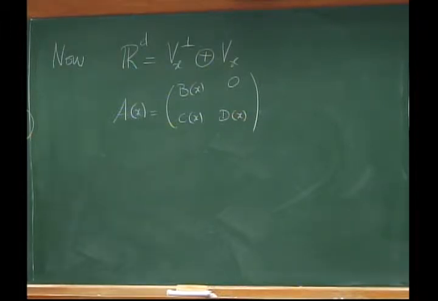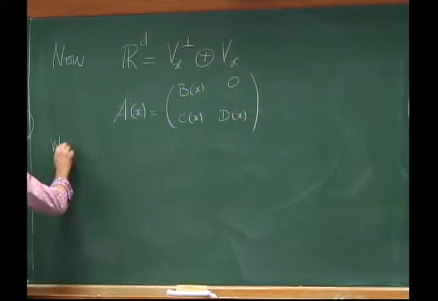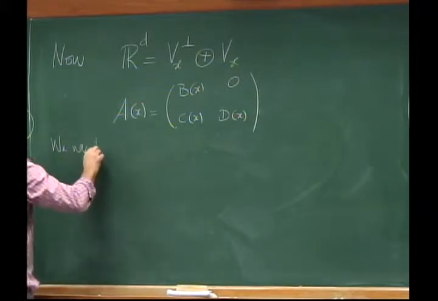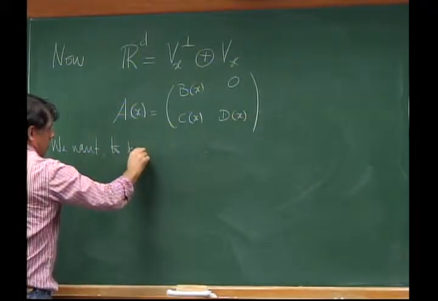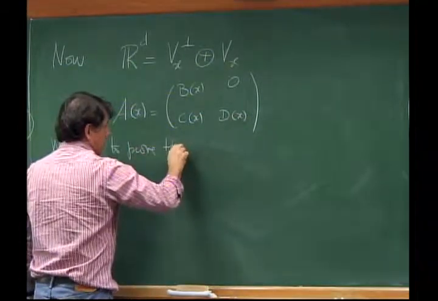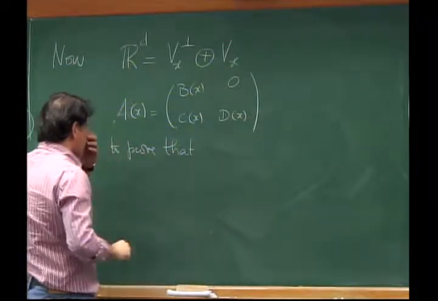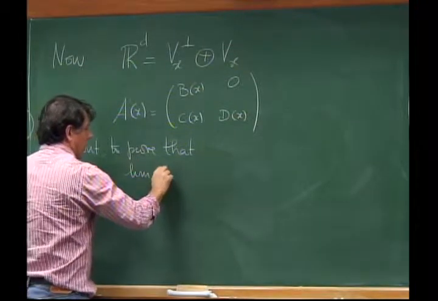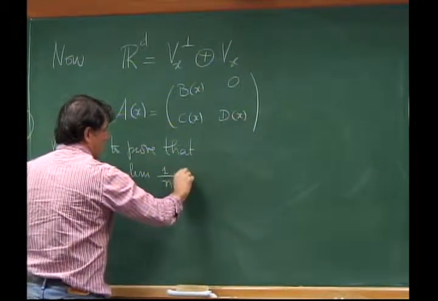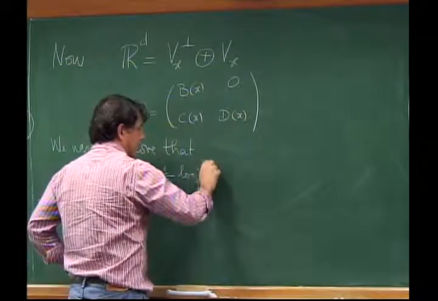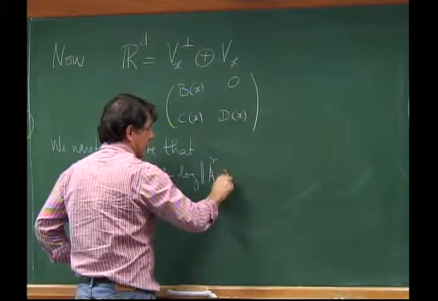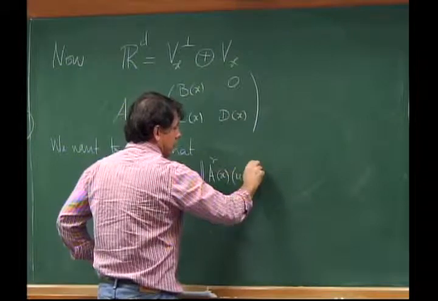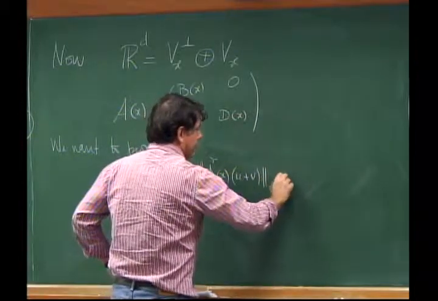And we want to prove that the limit 1 over n log norm of A_n x (u plus v) exists.